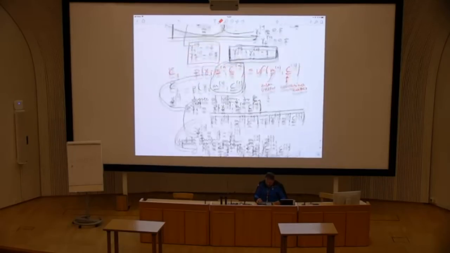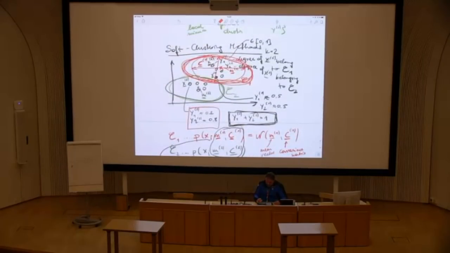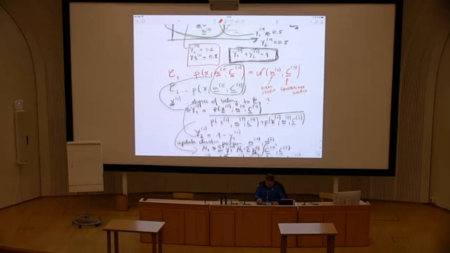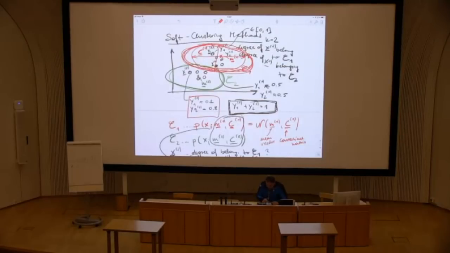You can come up with particular rules for when to stop the clustering, the soft clustering method, which is based on looking at the probability or the likelihood function of the Gaussian mixture model for the data set.